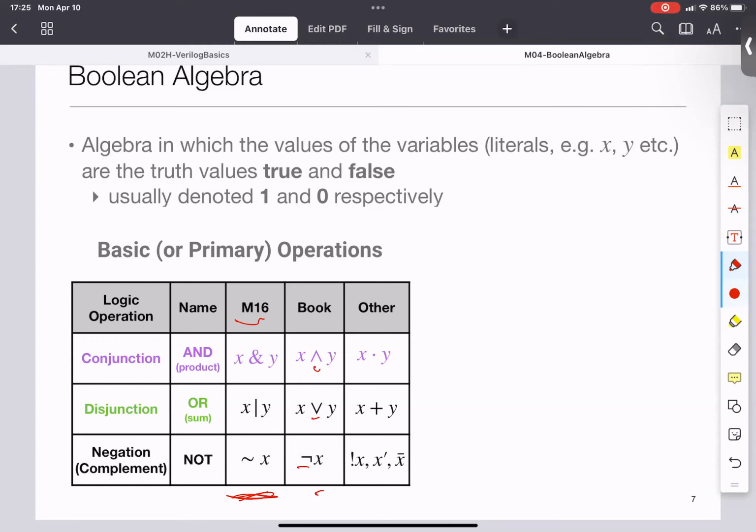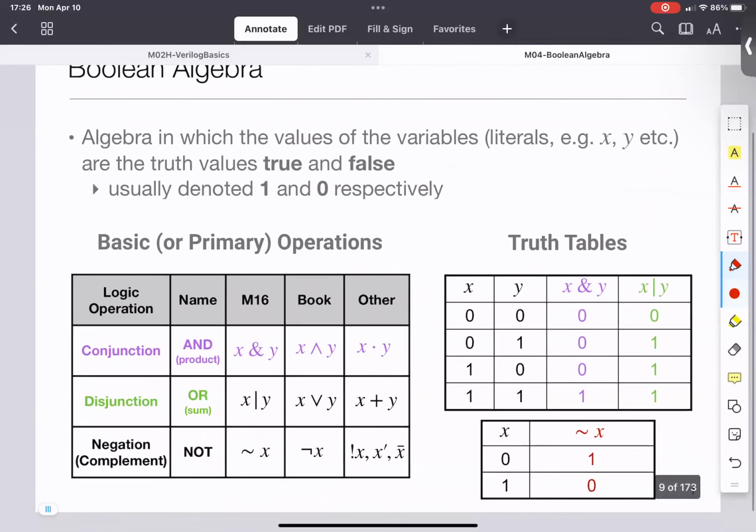And in other places you will see this. In fact, a very pernicious one is that sometimes people just write XY to mean X and Y. That is very ambiguous, because what if I have names which are more than a single letter? So we are not going to use these. This is out, this is out. You stick with this notation.